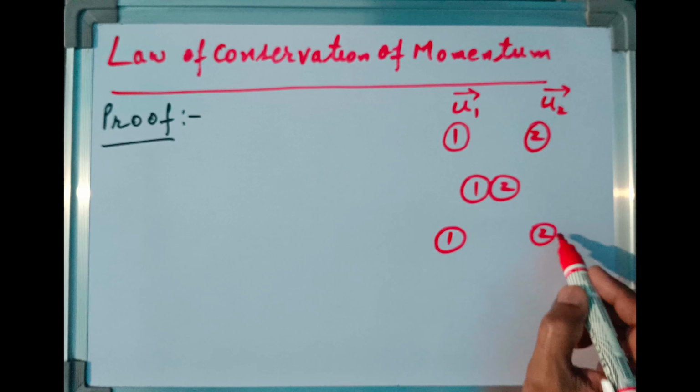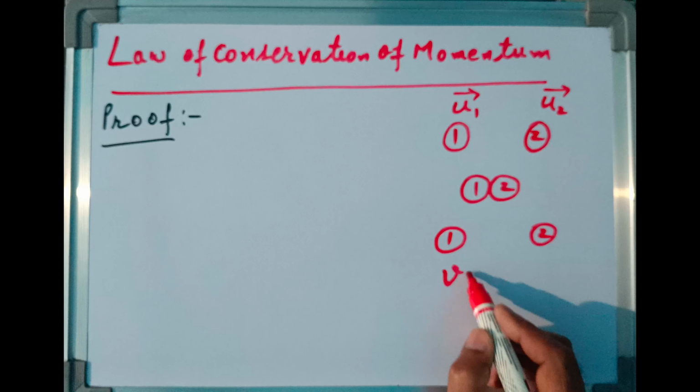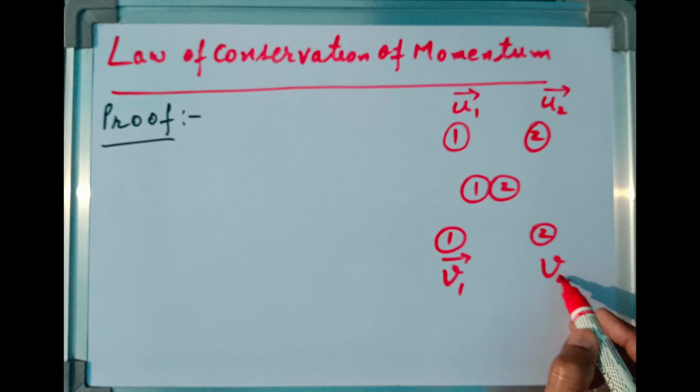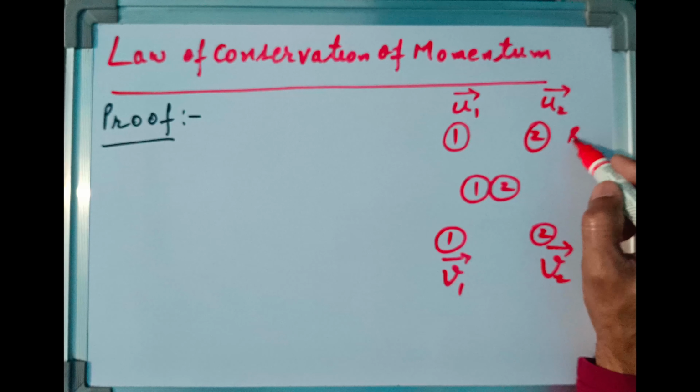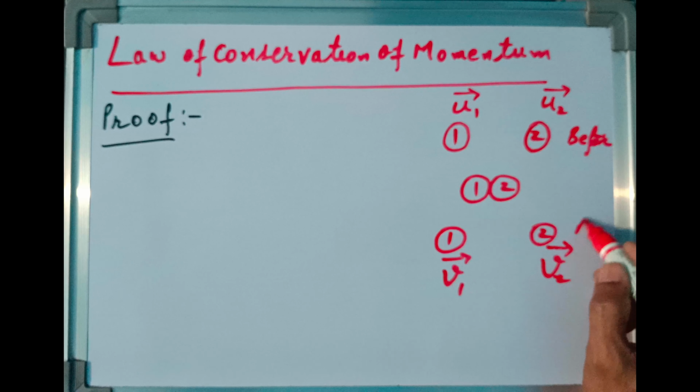Suppose after collision, their velocities become v1 vector and v2 vector. So this is the situation before collision and this is the situation after collision.